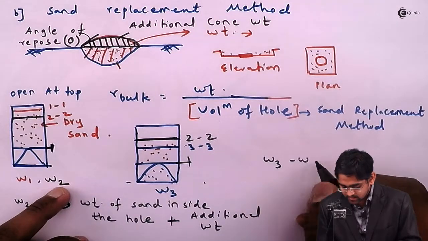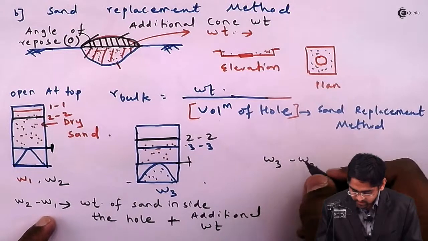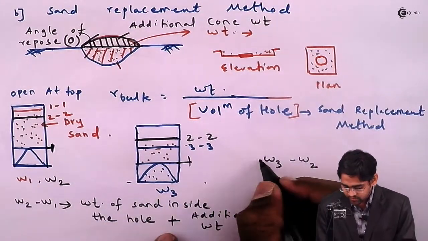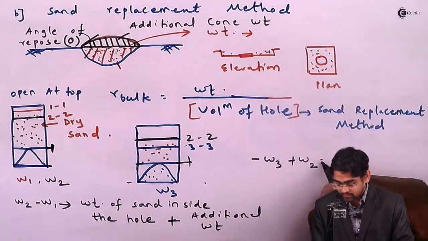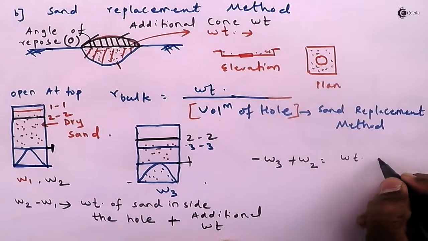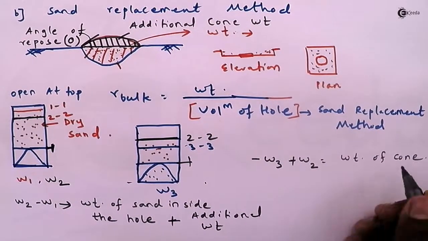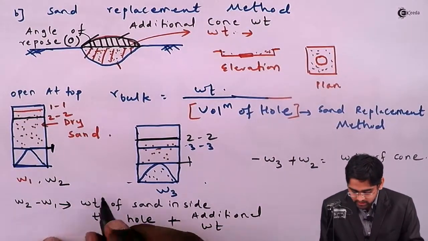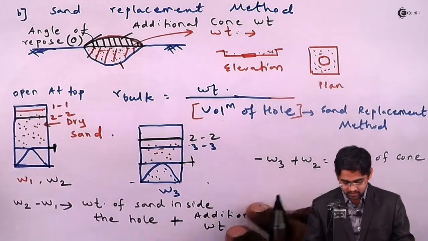W3 minus the previous weight W2, sorry, it's just the reverse, because W3 has to be less than W2. So W2 minus W3, you will get the additional weight of cone, right? So you'll get this weight of cone, and you need to deduct this from this in order to get only the weight of sand inside the hole.